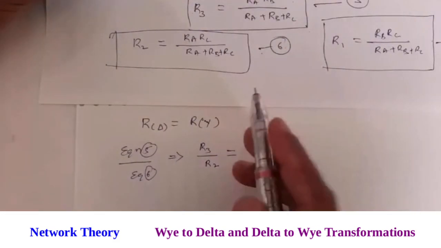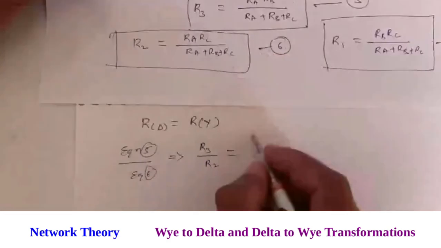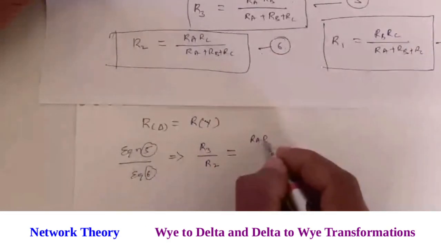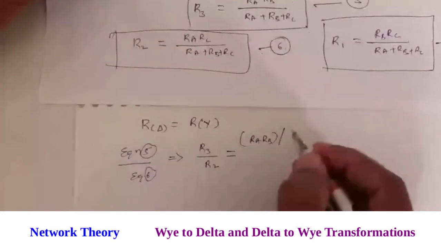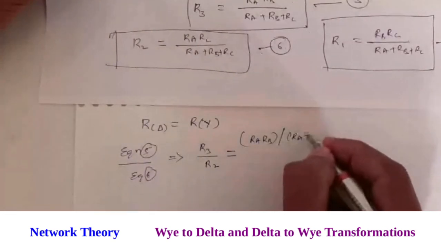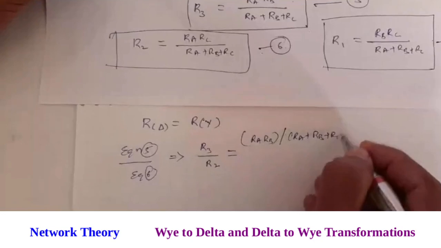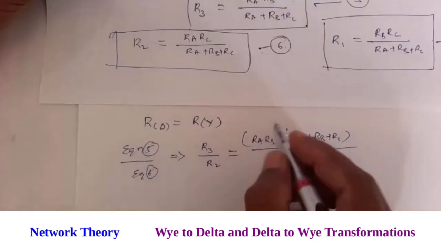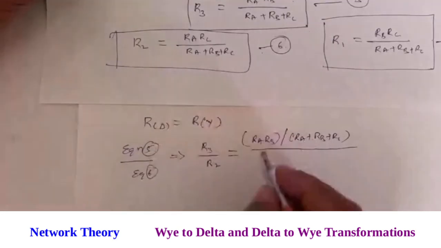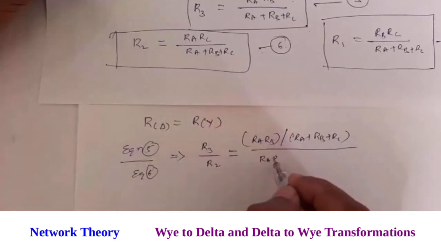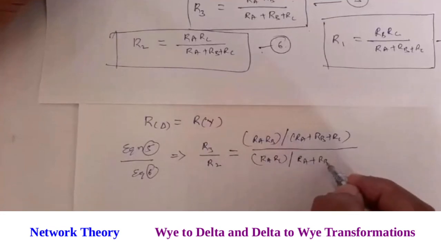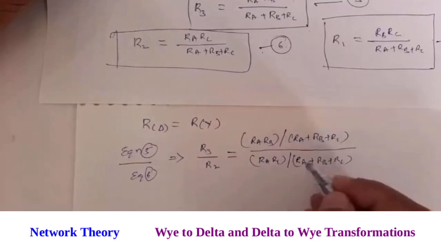R3 by R2 will be, for example, R3 is RA RB divided by RA plus RB plus RC, and this is divided by equation 6, which is RA RC whole divided by RA plus RB plus RC, right?